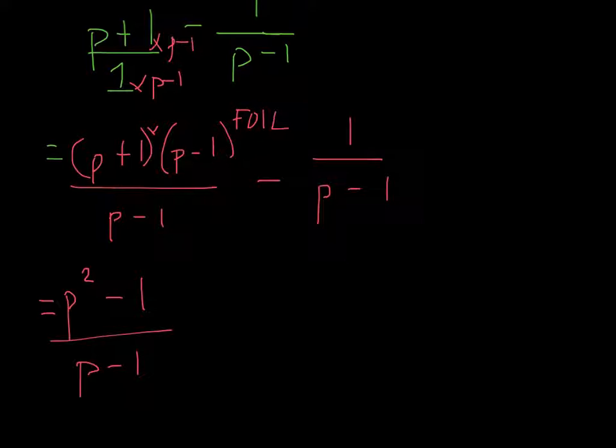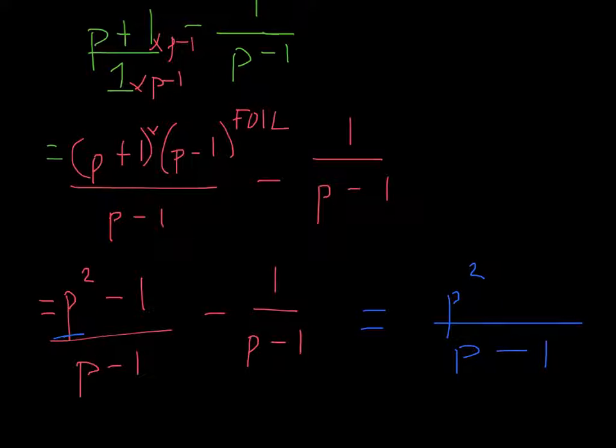And on the other side, take away 1 over p take 1. You'll see now that we have the denominators the exact same. So we can then go and perform our subtraction. So p squared, there's nothing on the other side to take away, so that's going to stay the same.